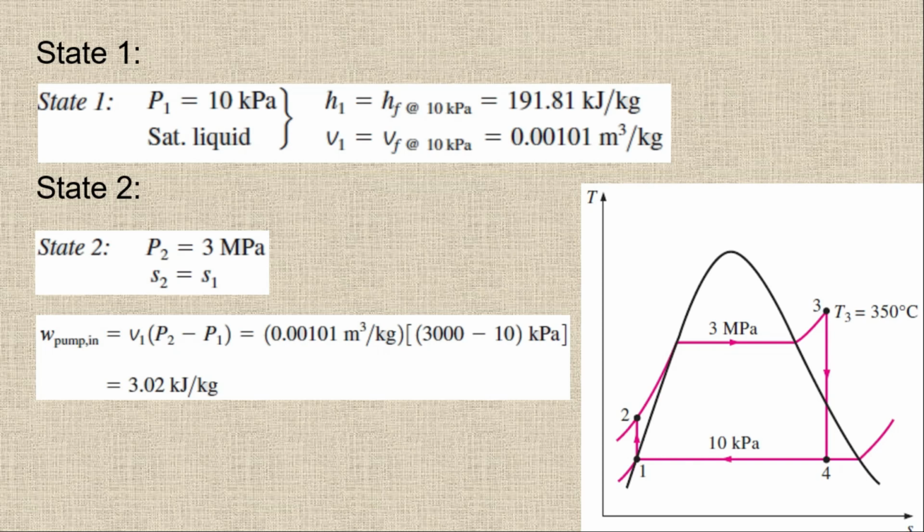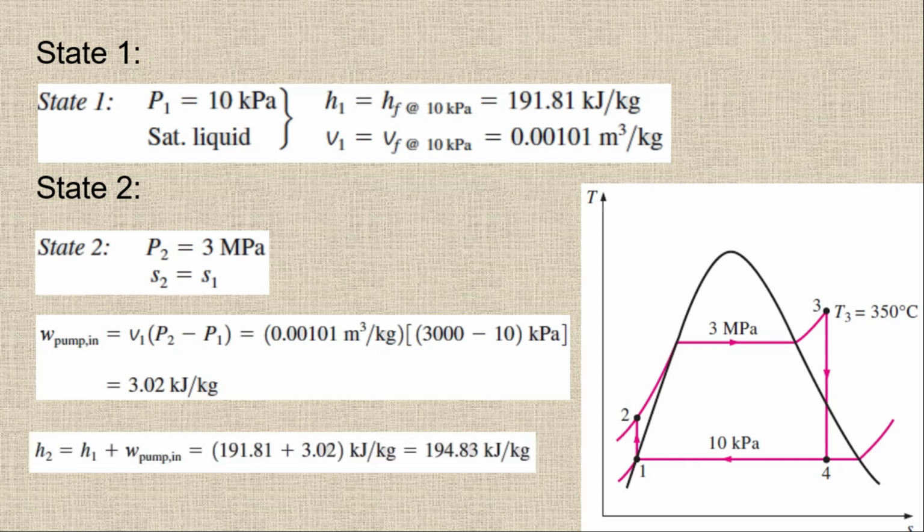When we know the pump work input, we can easily calculate H2, the enthalpy at point number 2, because the pump work input is also equal to H2 minus H1. Rearranging the equation, we get H2 equal to H1 plus the work input to the pump. Ultimately we will get 194.83 kilojoule per kilogram, and this is the H2 value.